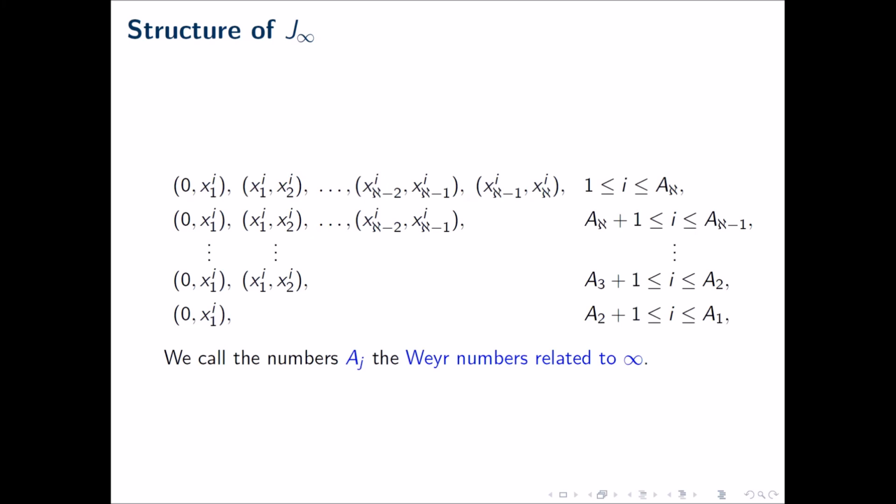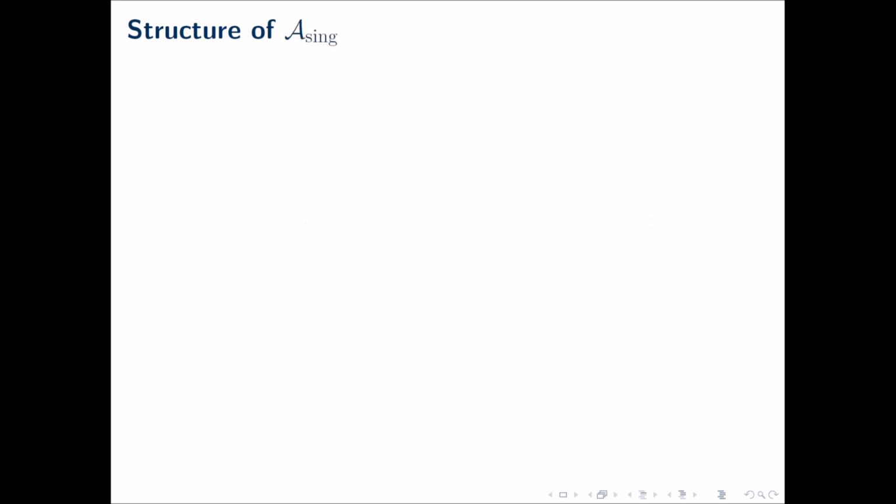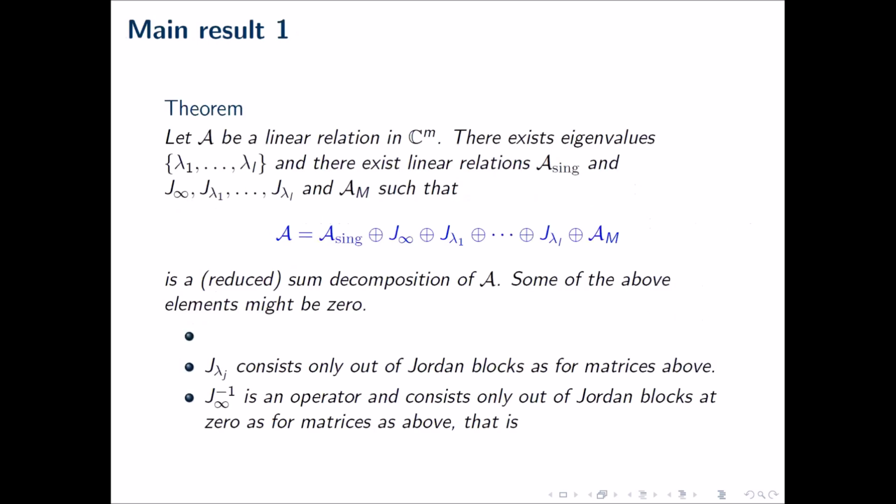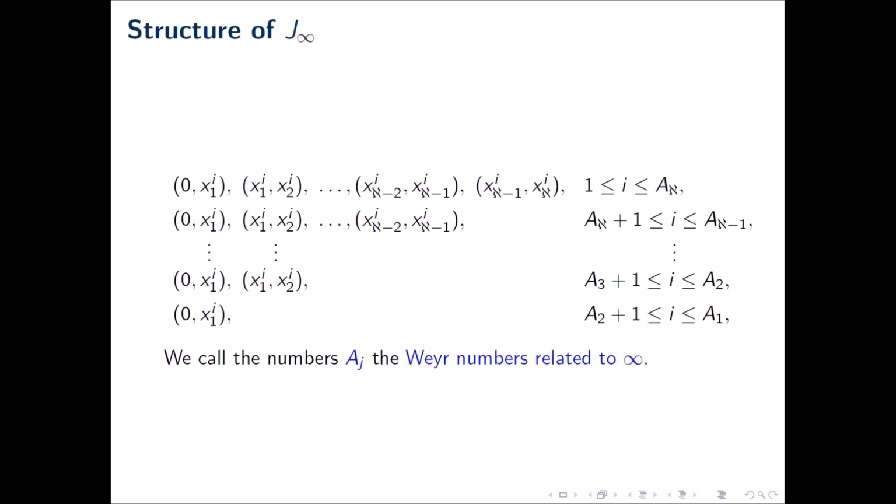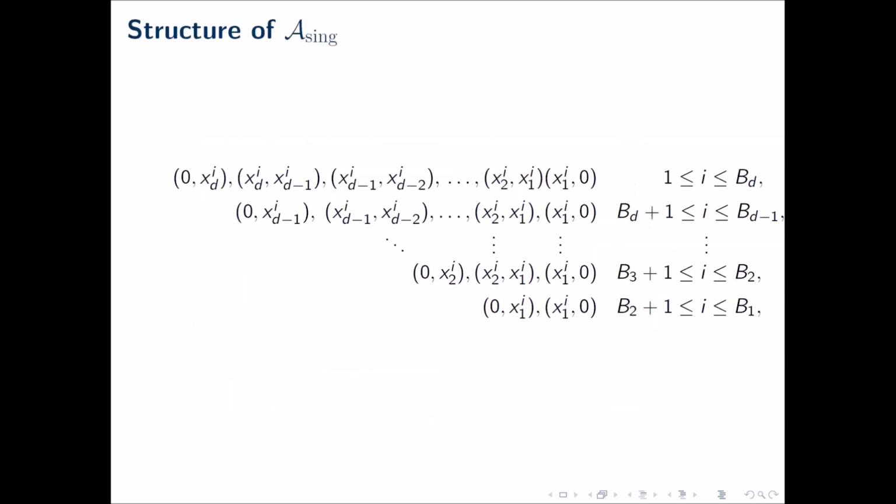And the rest is similar. So now we go to A singular. Let me go quickly back. A singular is here. Next we make A singular, and then comes A multi-shift, and we are done. And it is always the same. A singular looks like this. So what was A singular? Singular chains. They were the guys who started at 0 and go to 0.